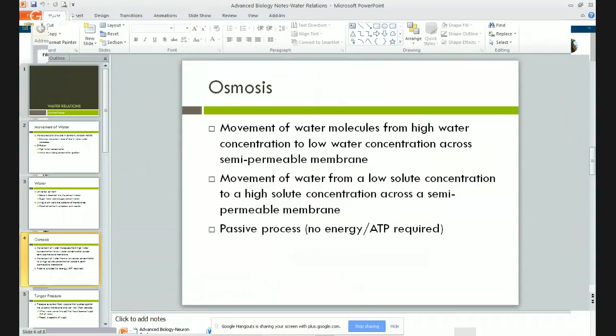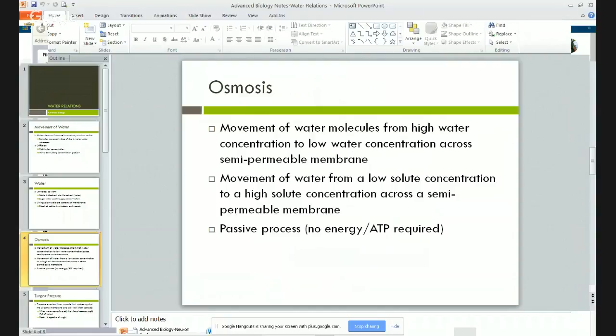Osmosis, if you recall, is a form of diffusion. It's a type of passive transport where specifically water molecules move from high water concentration areas to low water concentration areas across a semi-permeable membrane.